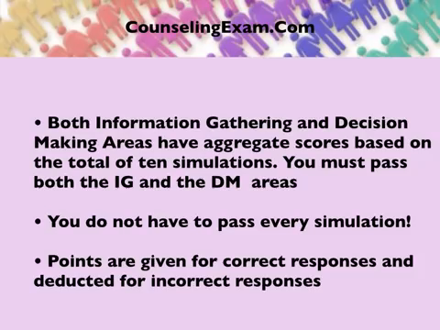You must pass both the information gathering and also pass the decision making to have passed this exam. Does it mean you have to pass every simulation? No, it doesn't. The points are given for correct responses and they're deducted for incorrect responses. But you have to have passed the set score for the information gathering and decision making.